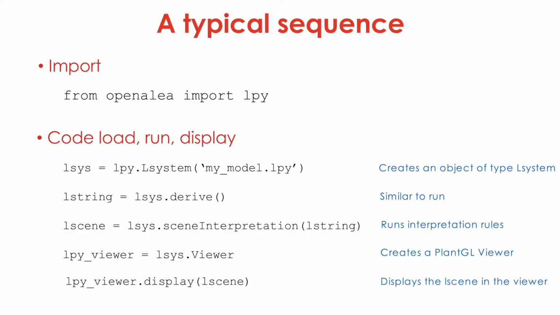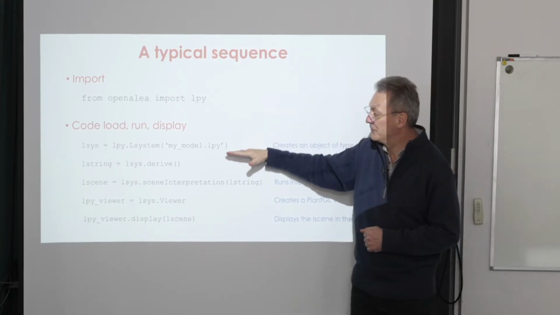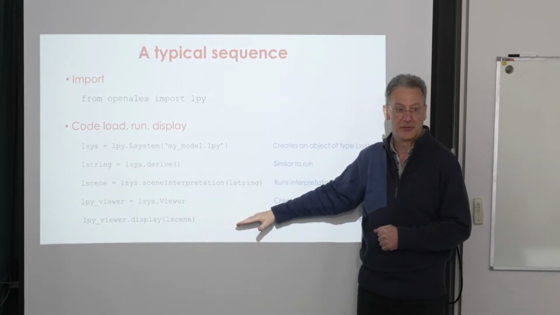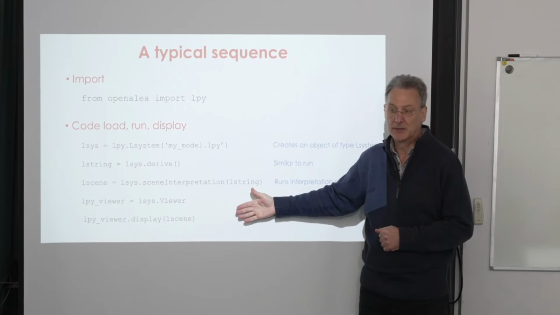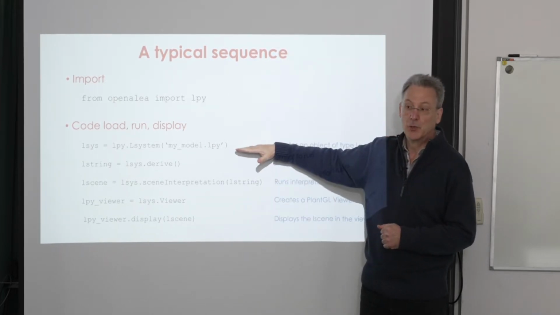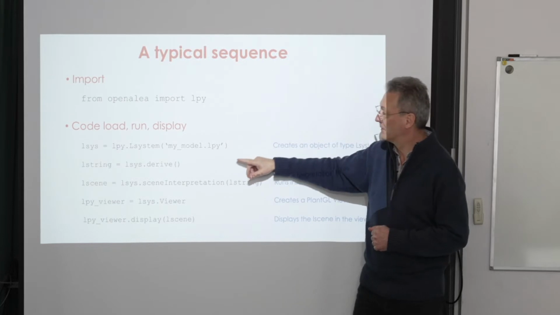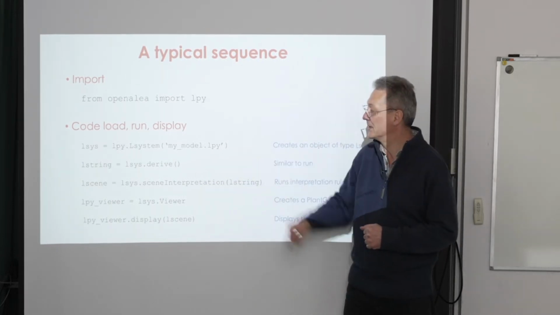So a typical sequence from a Python script would be to import the library corresponding to the LPy API, and then to call a certain number of functions. This is the typical set of functions that you would call. First, you load the LPy model from the file. So the file name would be here.